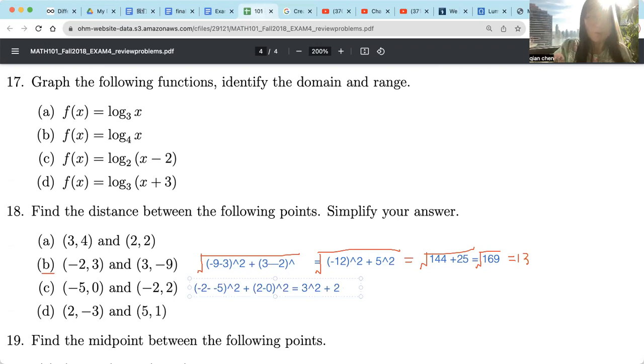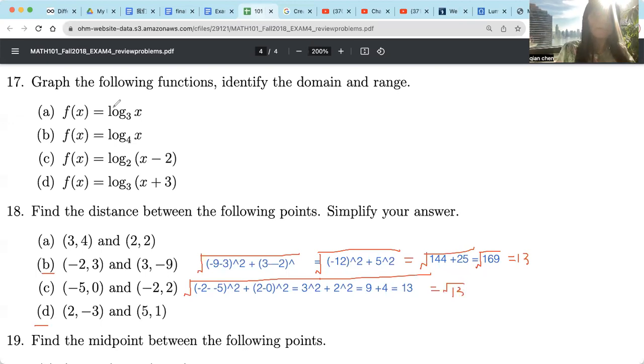Then plus 2 squared. 3 squared plus 2 squared. 3 squared is 9. 2 squared is 4. Adds up, that's 13. So let me add square root signs. So everything is under square root. So in the end, the distance of those 2 points is the square root of 13.